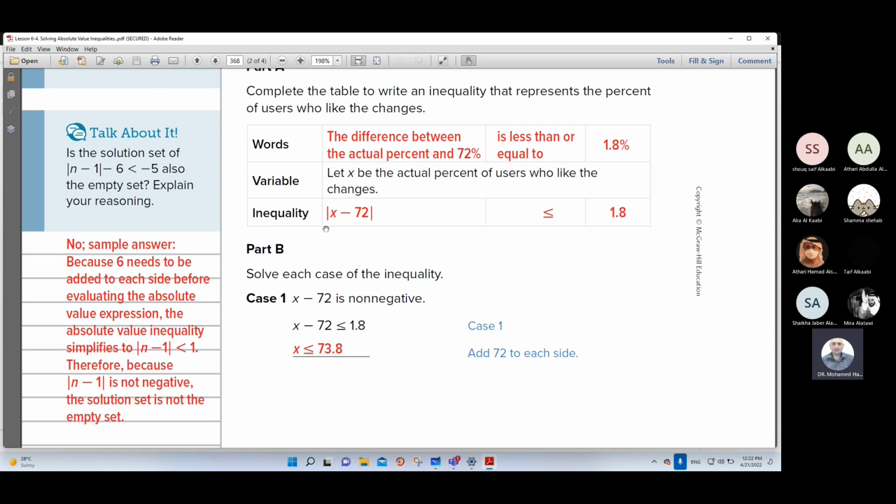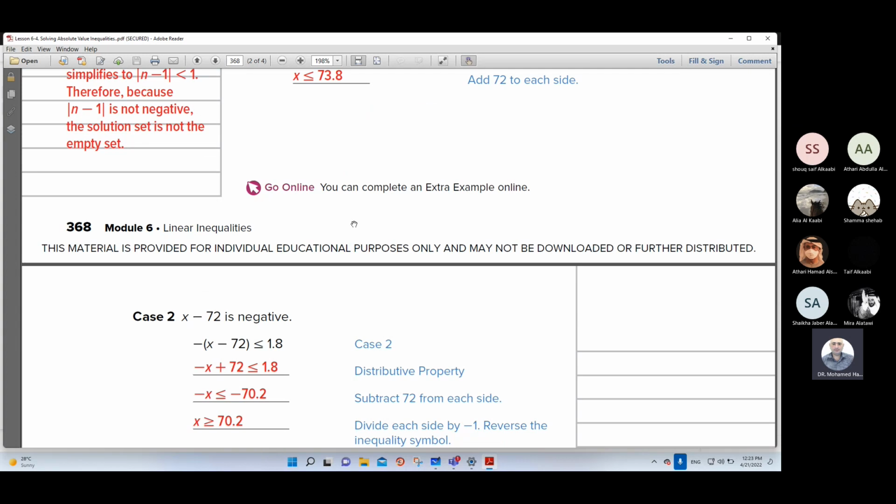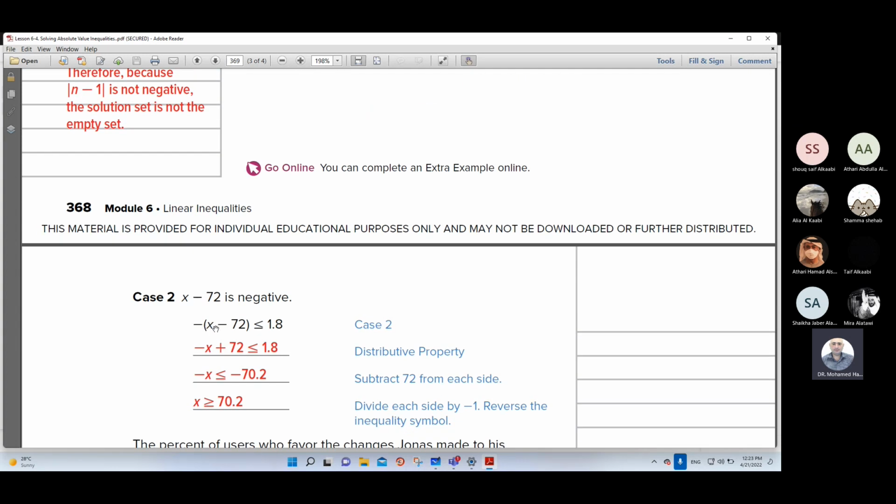The first case is the value is non-negative, so we write the same value, less than or equal to 1.8. You can solve this inequality and you will get this solution. And the second case, we have the negative value, so we multiply this value by negative. It will be negative times x minus 72 less than or equal to 1.8.